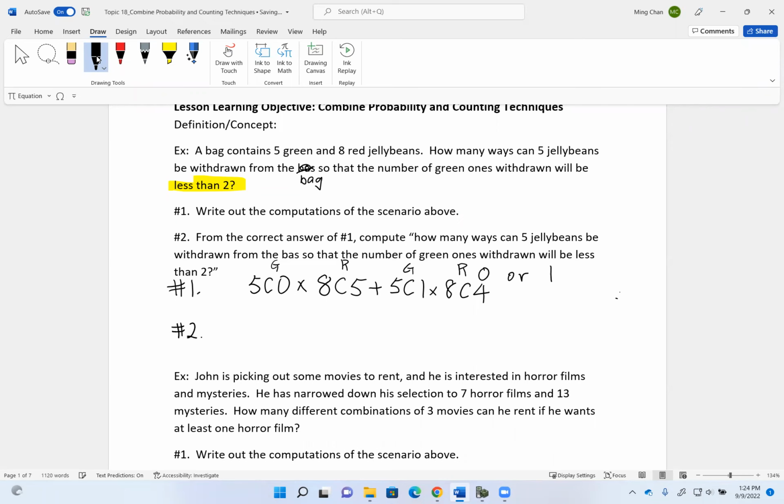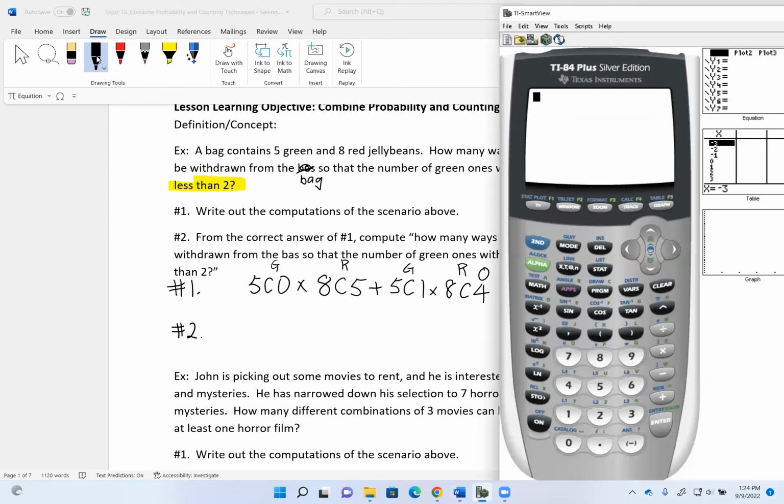So let's put it in a calculator. I'm going to use a parenthesis for the first set. So 5 choosing 0, 5 green choosing none of them, followed by 8 red choosing 5, because I only need to draw 5, plus 5 choosing 1 using combination, followed by 8 choosing 4.